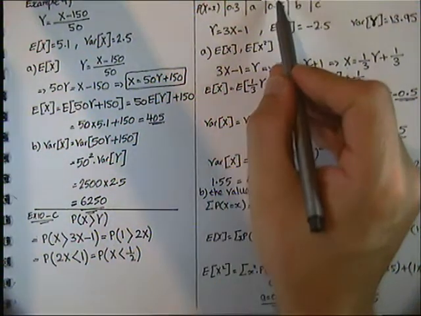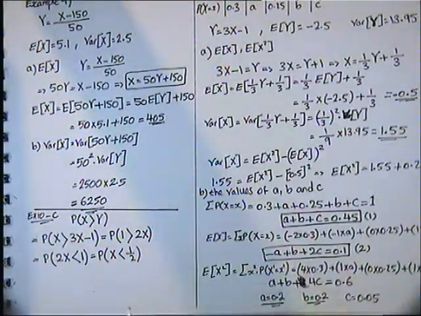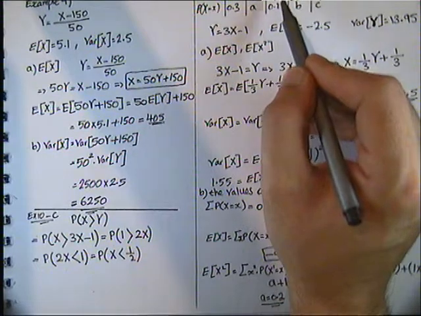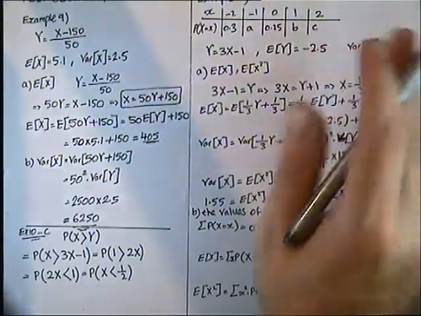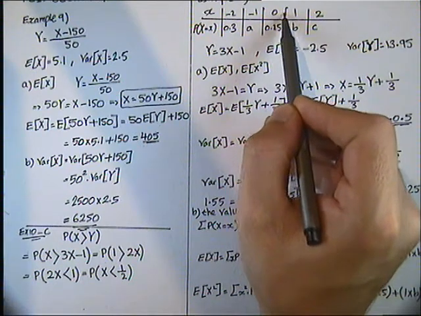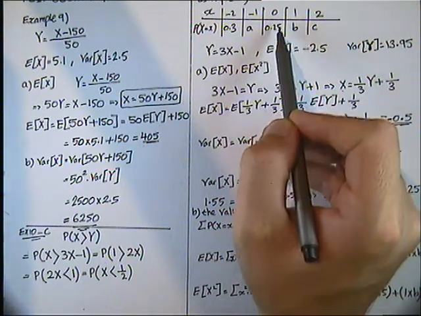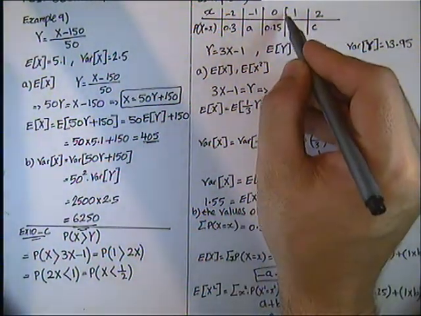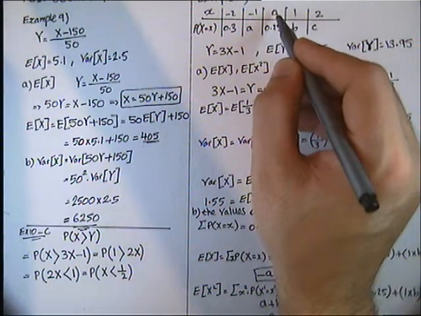Let's look at our table here. So less than half. We've got the probability distribution is -2, -1, 0. Half will be between 0 and 1. But since it is a discrete random variable, x takes only the integers. So less than half means less than or equal to 0.